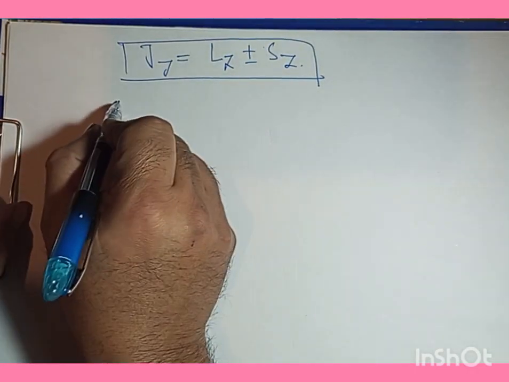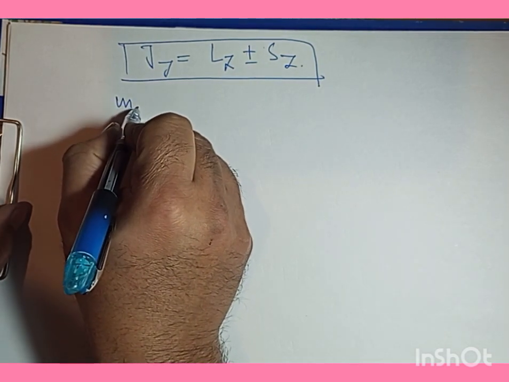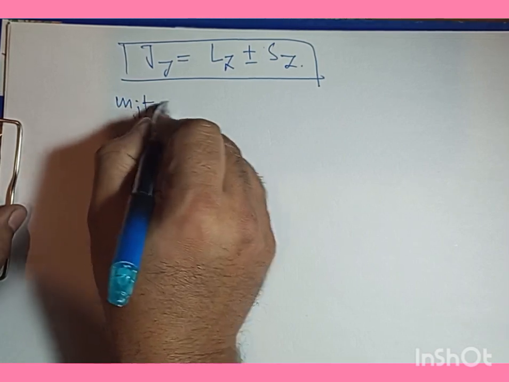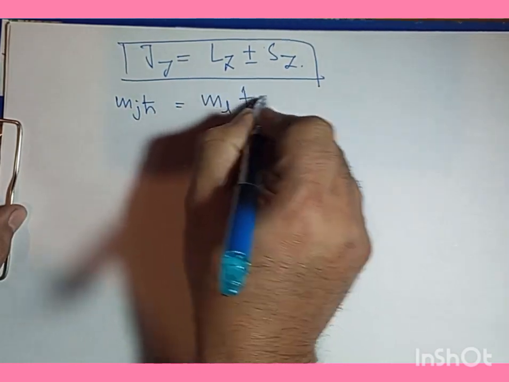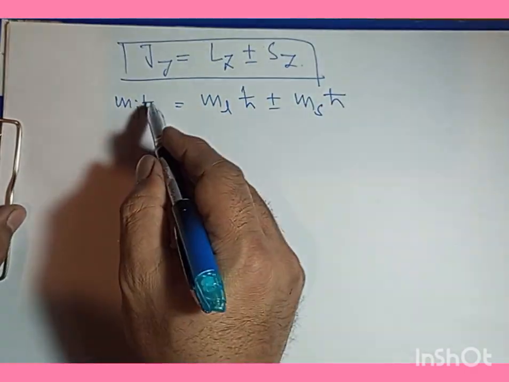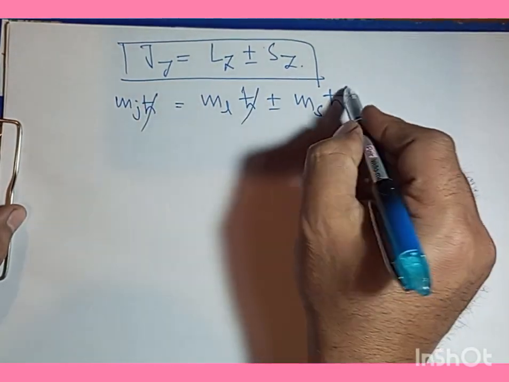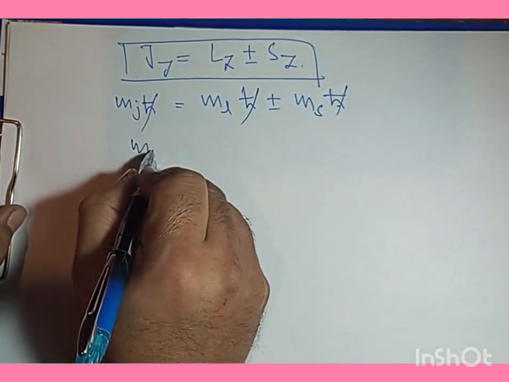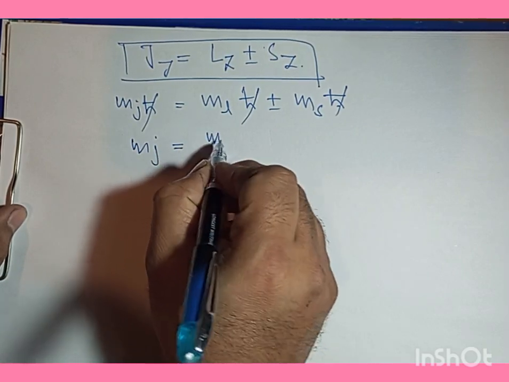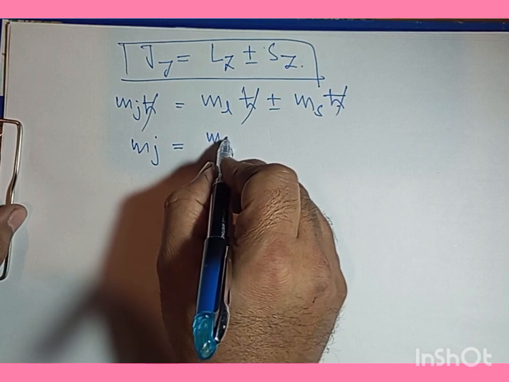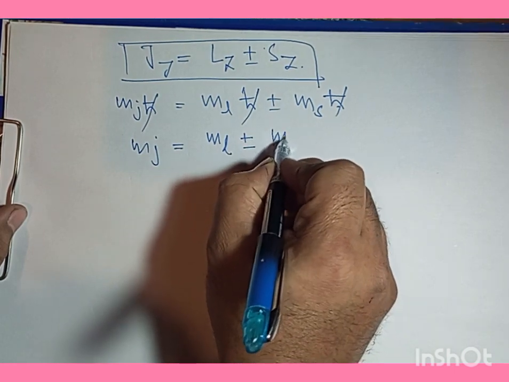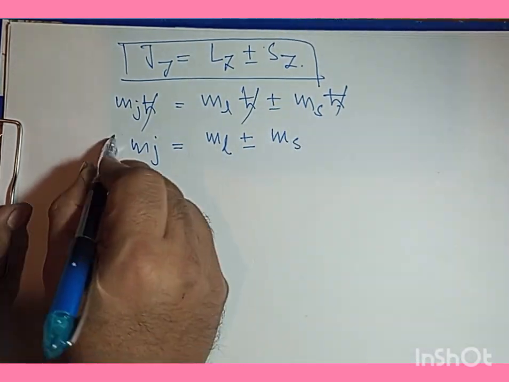And this mj that we have, if I write it in terms of the z components, mj h cross will be ml h cross plus minus ms h cross, and h cross will cancel from both sides. So what we will have is that this mj, the total magnetic quantum number, will be the magnetic orbital quantum number plus minus the magnetic spin quantum number.